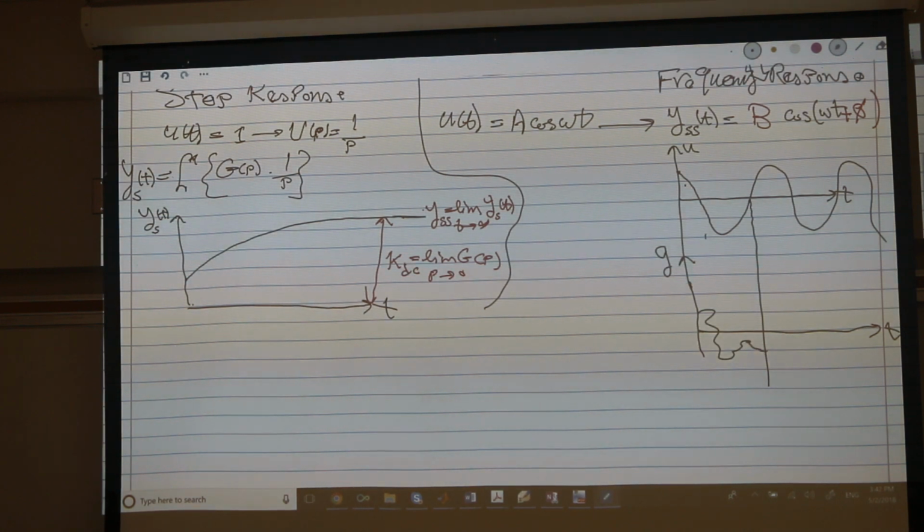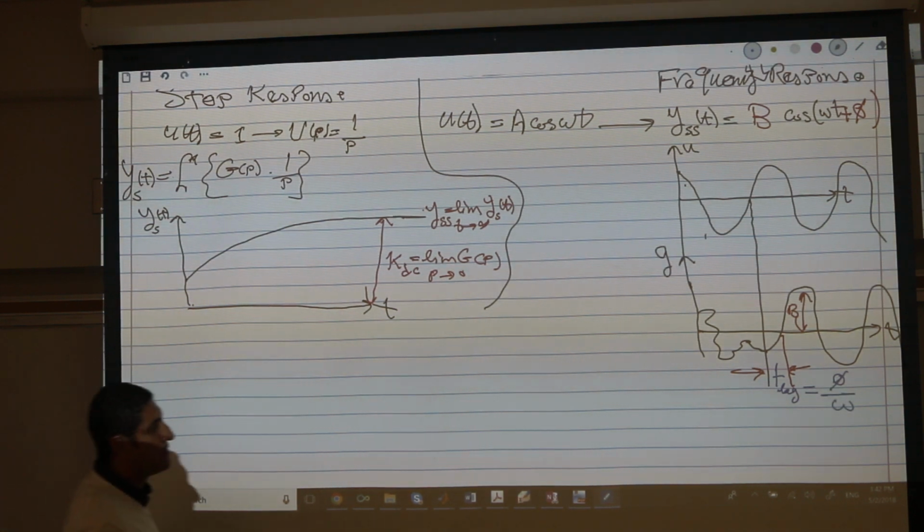And after that, it will develop a sinusoidal pattern. This is its amplitude, and if you get the distance between the zero crossings, or between the two peaks, or between the two troughs, between any two similar points of the input and the output, this is the T lag, the time lag between them, which is simply this phase shift divided by omega. So the phase shift is simply a lag.